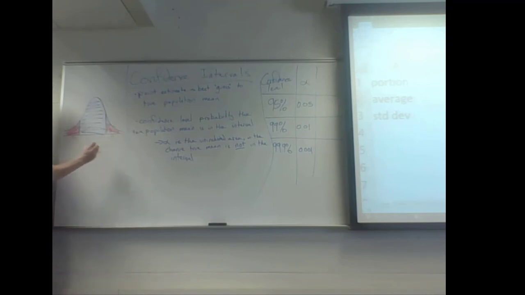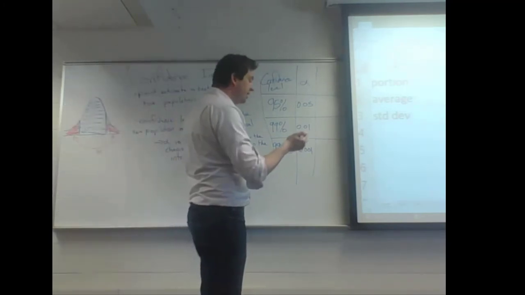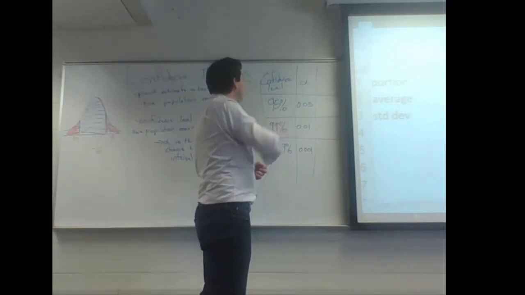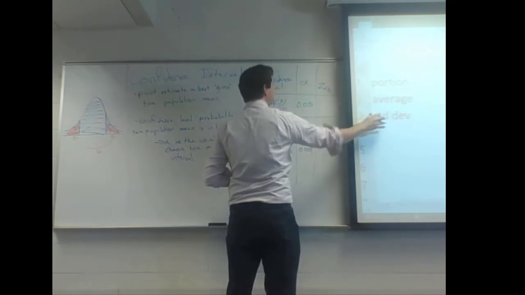These together are alpha. If this is 95%, then the red area is 5%. So that means that each one of these red areas is what value? 2.5%. Exactly. It is always alpha divided by 2. So we are going to designate these values as z-scores subscript alpha divided by 2.